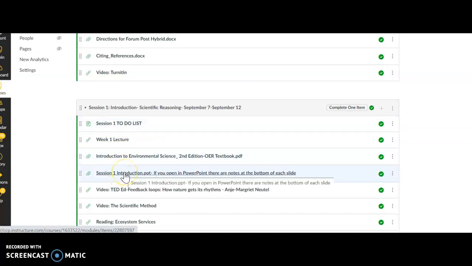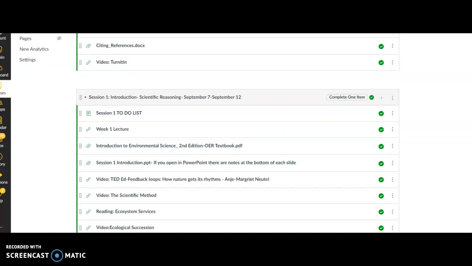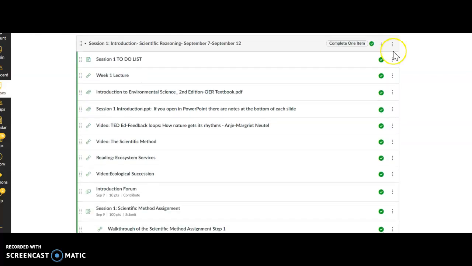Then right here is the PowerPoint that I'm going to go over in this video. You also have additional videos here, and these will help elaborate on some of the ideas that we're going to talk about in this PowerPoint presentation, for example, feedback loops, scientific method, ecosystem services, and ecological succession.